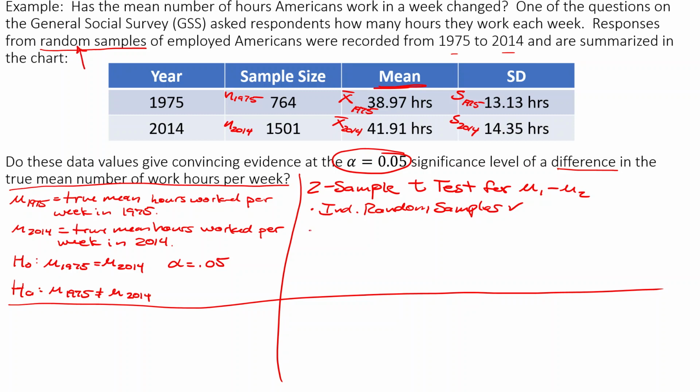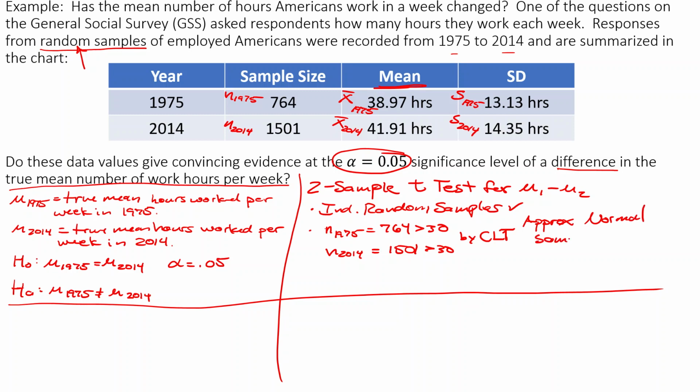We're good. For the normal sampling distribution, n for 1975 is 764, which is clearly greater than 30, and n for 2014 is 1501, also well above 30. So by CLT, we've got an approximately normal sampling distribution. So that checks out.